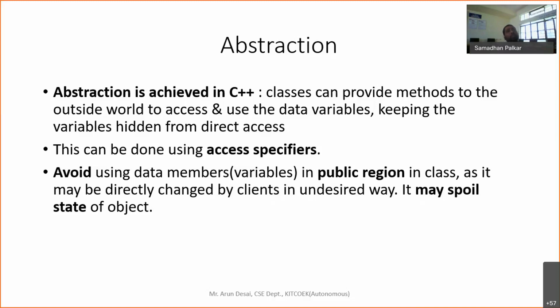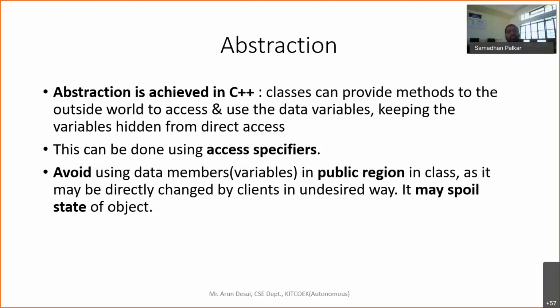Just by putting keywords like public, private, or protected, we give controlled access to the outside world. If we make it private, no one can access it other than that class. If we make it public, everyone can access it, and protected is a different version, which we'll see in future lectures. So we use those access specifiers for abstraction, right?